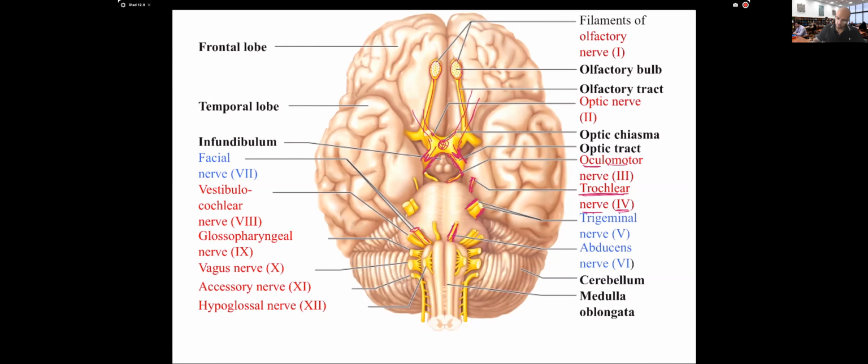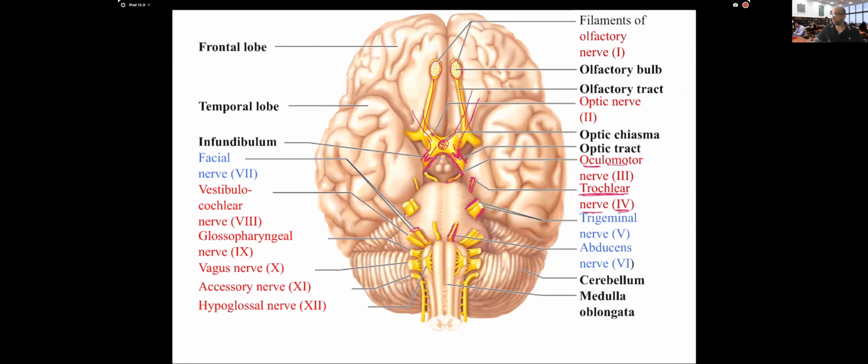Those are the trigeminal nerve, abducens nerve, and the facial nerve. Those are cranial nerve number 5, 6, and 7. And again, they are originating from my pons.